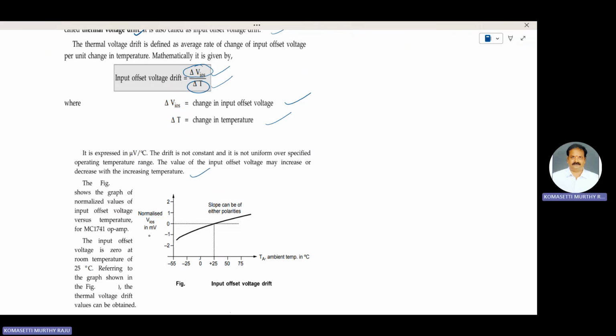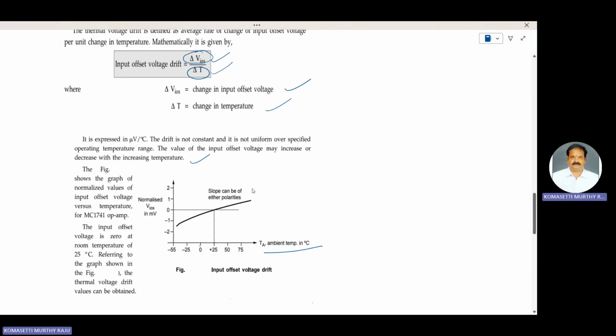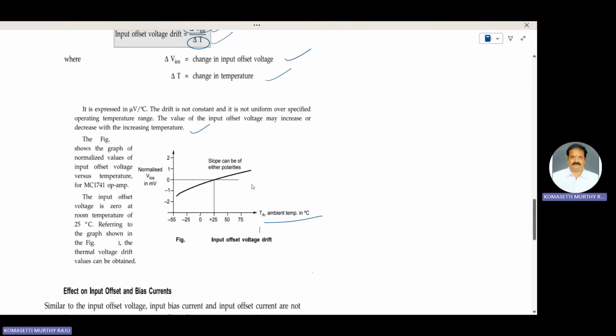This is the normalized VIOS value in millivolts, represented on the y-axis. On the x-axis is the ambient temperature in degrees centigrade. The figure shows the graph of the normalized value of input offset voltage for the MC1741 op-amp. The input offset voltage is 0 at room temperature of 25 degrees centigrade.